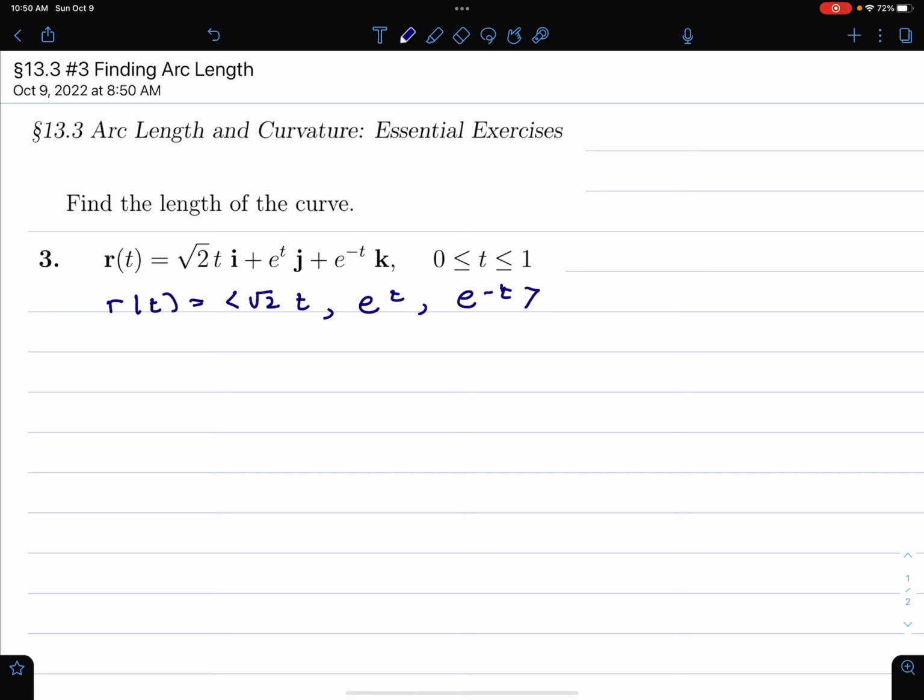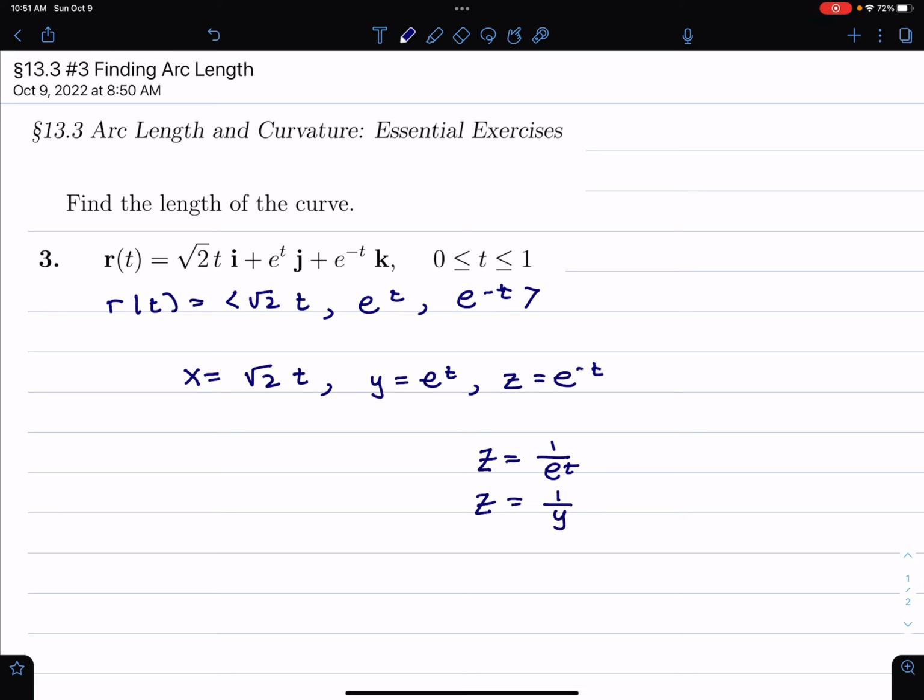Another form is to express parametric equations for the curve, which just means I'm going to take out the x, y, and z coordinate functions. And I am going to try to give some idea of what the curve looks like, beginning with z, which is e to the negative t, which is the same thing as 1 over e to the t. However, e to the t is y, so this gives 1 over y.